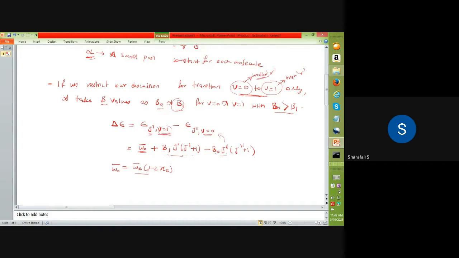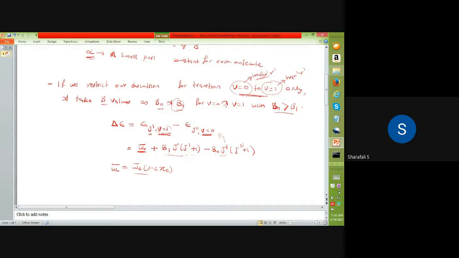If you are considering V equal to 1 level and V equal to 0 level, if you take the difference between these two level vibrational energies, then we will get this expression omega 0 bar. That is omega e bar into (1 minus 2 xe) will be the difference between V equal to 1 level and V equal to 0. You can do that by considering the (V plus half) energy equation that we already discussed in the vibrational spectra.